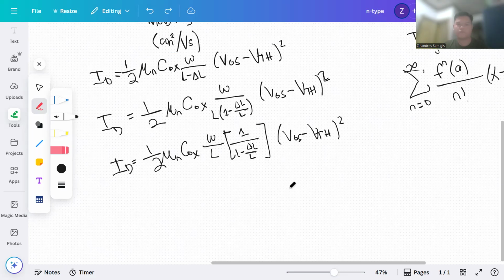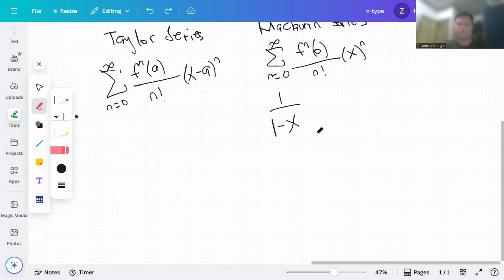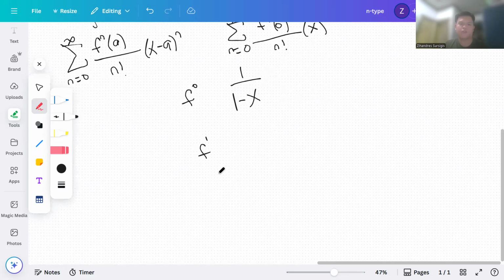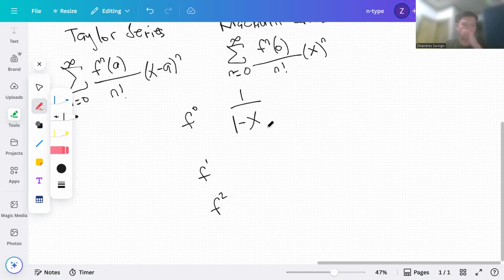Okay. So basic lang, calculus lang. So kunin lang natin yung, well, the zero derivative is the function itself. So define lang natin siya at 0. Okay, sige. So this is your f0, and then let's define the first derivative, maybe the second derivative, just for fun.